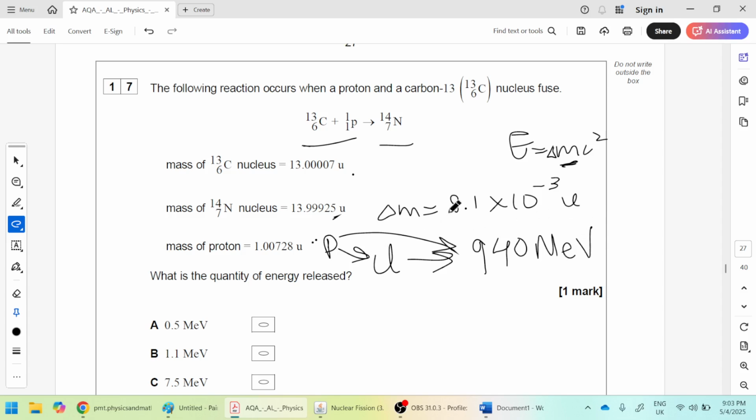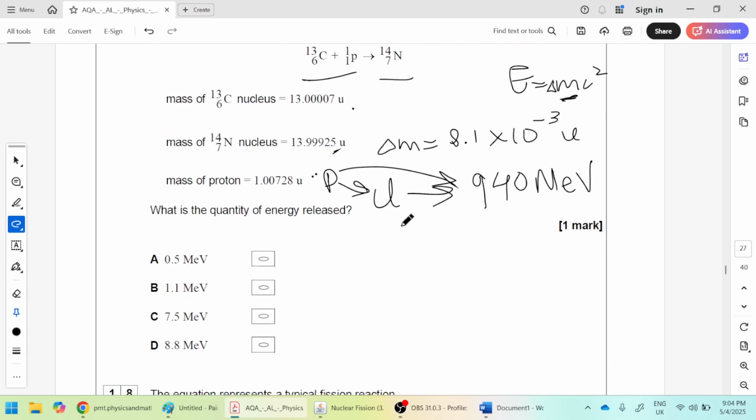So I'm going to figure out how much energy this many u corresponds to in mega electron volts, because the other way will give me the answer in joules, and I don't want that. Times 940, around 7.6. I think slightly less, slightly more.